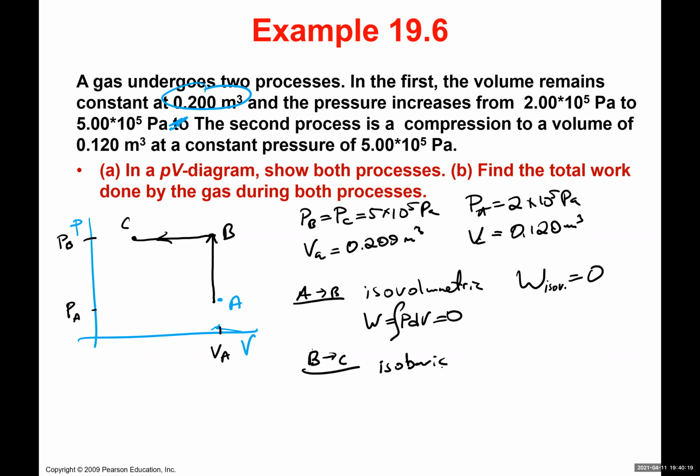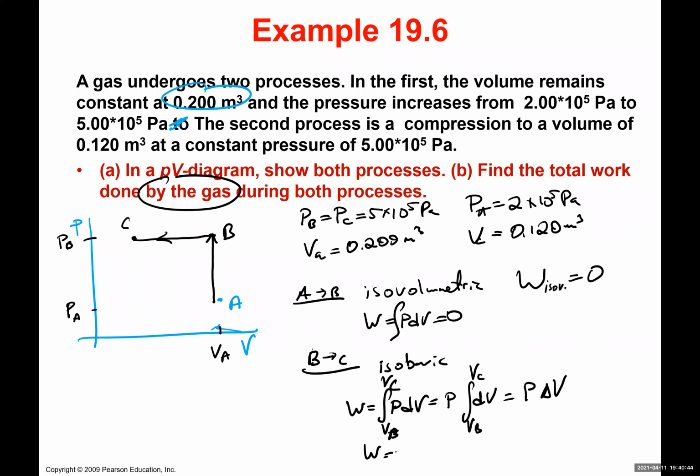Okay. So it says find the total work done by the gas. So this is important, by the gas. That means I can say work done is equal to the integral of P dV, going from VB to VC, right? So this one, pressure is constant and comes out. Then I have dV going from VB to VC and it becomes P times delta V. Okay.